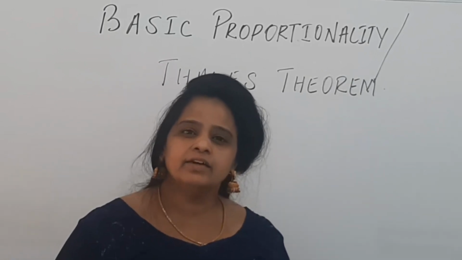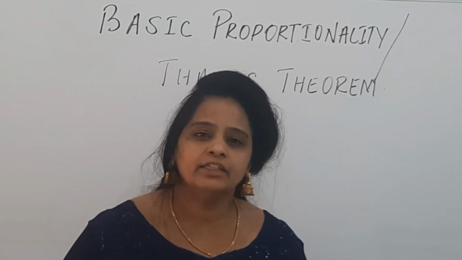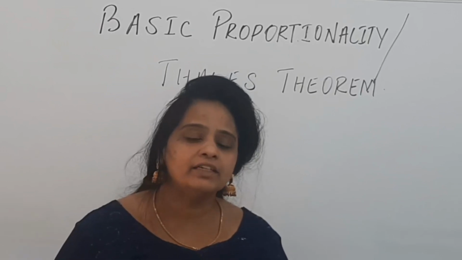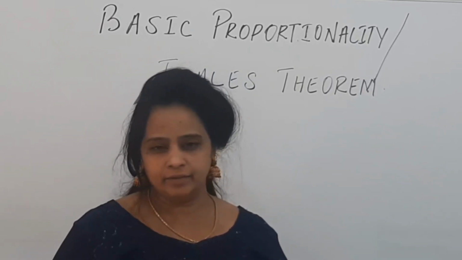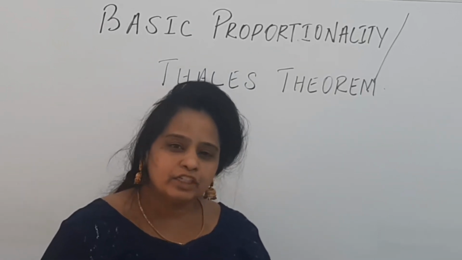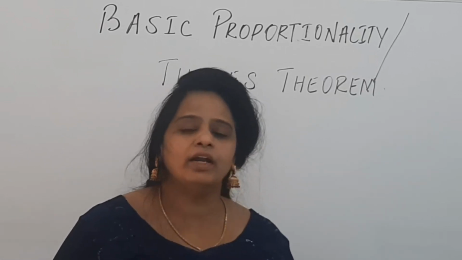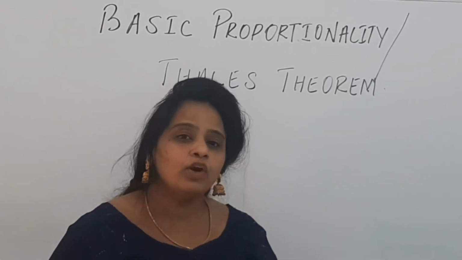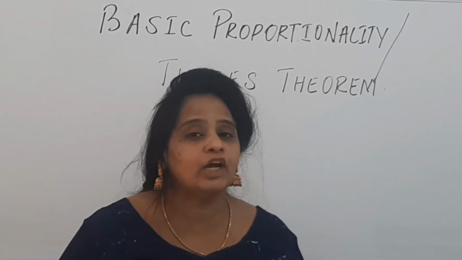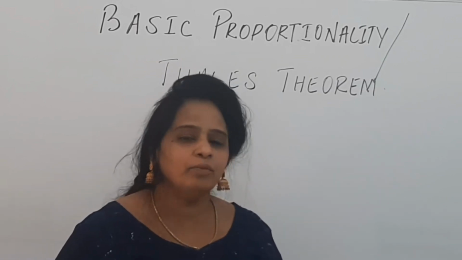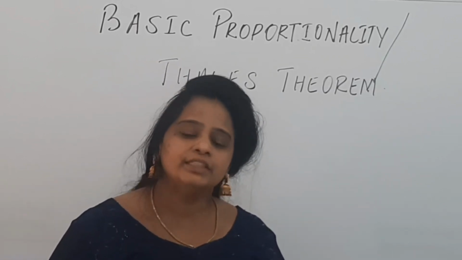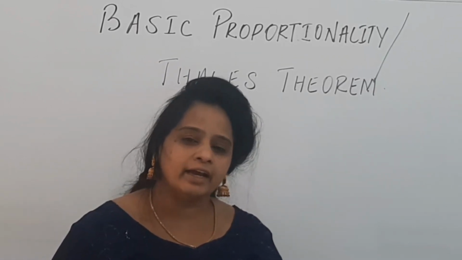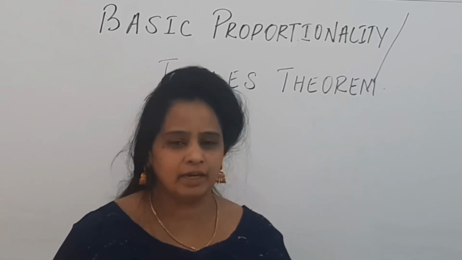We have learned what the conditions are for triangles to be similar. If the corresponding angles are equal, then the corresponding sides are in the same ratio, and then we say that those two triangles are similar.